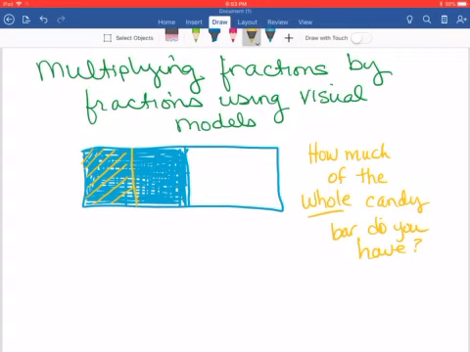So what I'm asking you is, if this was my half of the candy bar, I had half of the whole thing, and now you guys came along and I gave you, well, let's do it this way, I gave you this little yellow striped section. What portion of the entire candy bar do you have? I want you to think about that for just a minute.